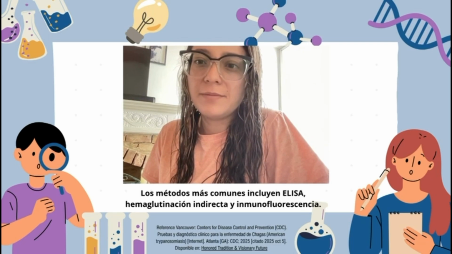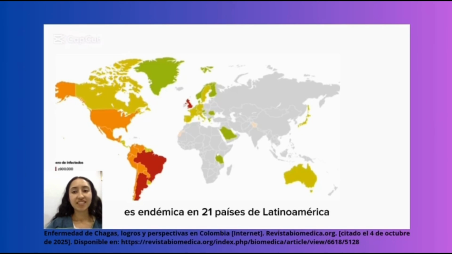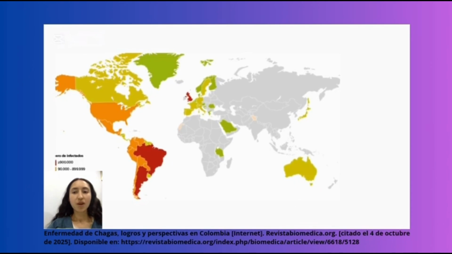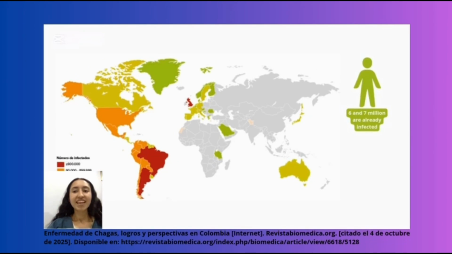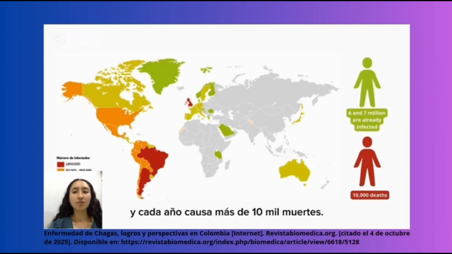Chagas disease is endemic in 21 Latin American countries, putting about 65 million people at risk. It is estimated that between 6 and 7 million are already infected, and every year it causes more than 10,000 deaths.